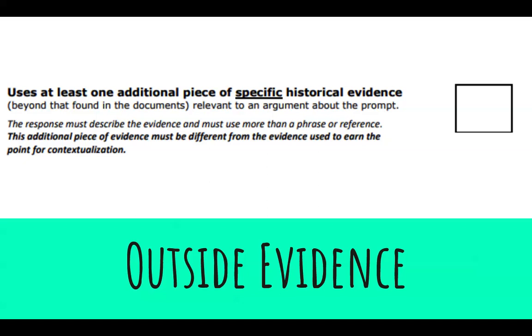So think about, you've already employed some outside evidence in your first paragraph, but that was only to give context. This point is for using a specific piece of evidence to very much advance and support your argument. So you're kind of showing the reader that you've got another piece of evidence to put out there, almost as though it's like another doc you just have in your back pocket.